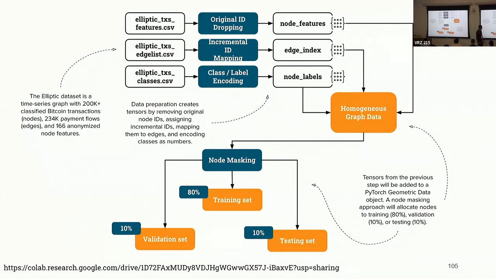And then an approach to create the traditional 3 distinct data sets is applying node masking, in the sense that in the homogeneous graph, you basically have all the nodes, right? But then you need some masking operation to decide which node should be used for the training, which node should be used for the evaluation, and so on.